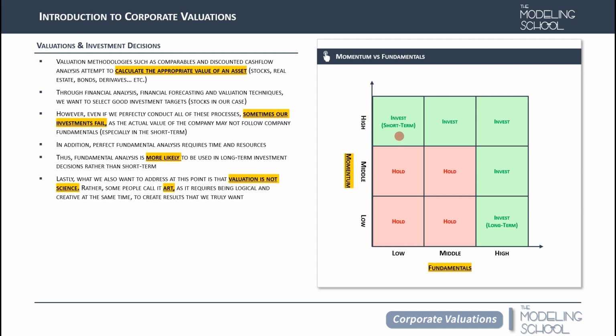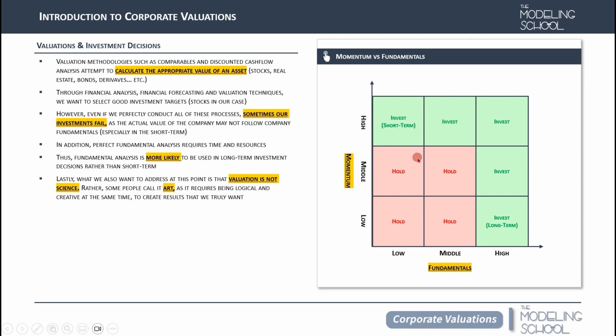This happens when momentum is strong, even when the fundamentals are weak. In such situations, the common advice is to treat these as opportunities for short-term investments. Capitalizing on momentum while it lasts can be a rational decision, but these investments typically lack stability in the long term.